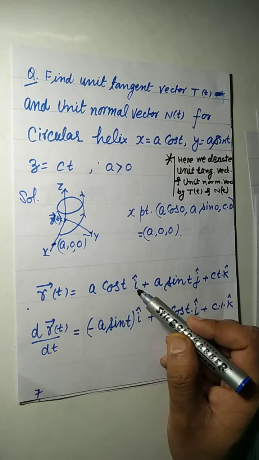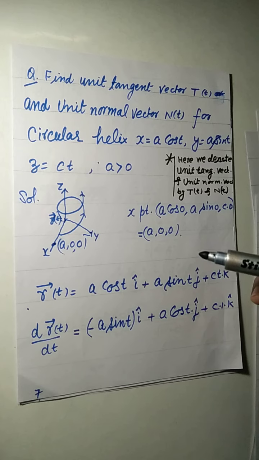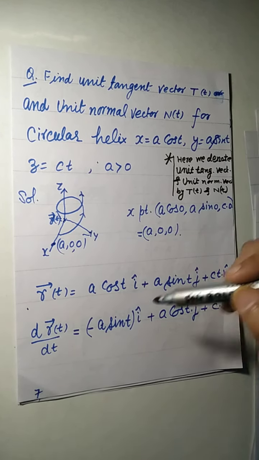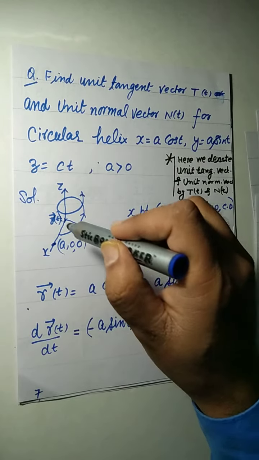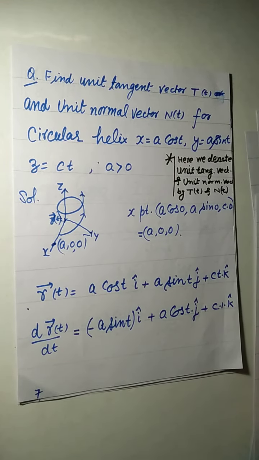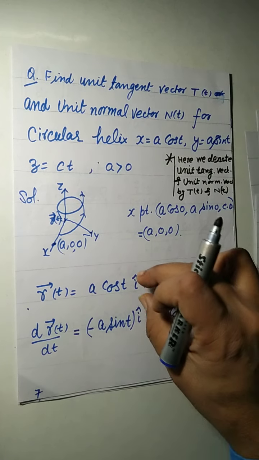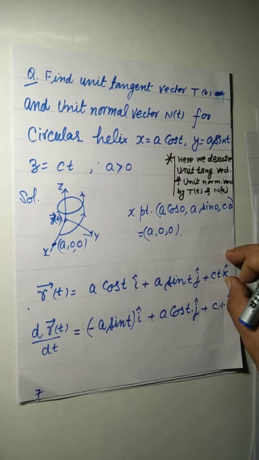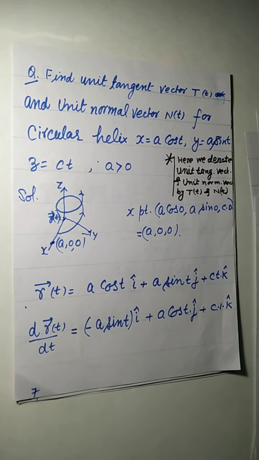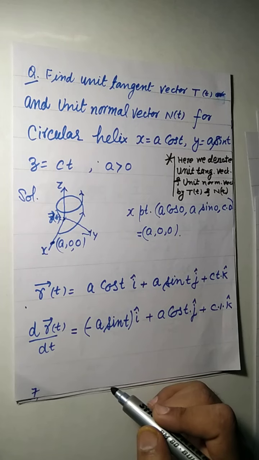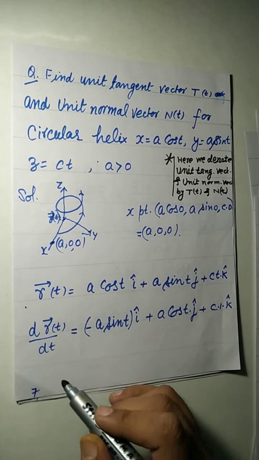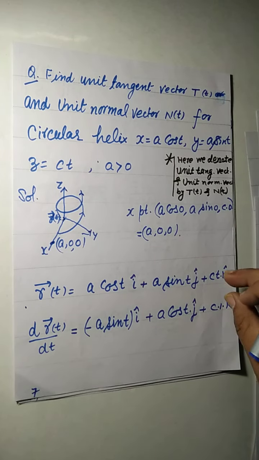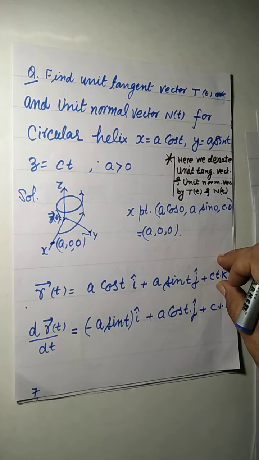Here i, j, k are unit vectors along the x, y, z directions. The norm of these unit vectors is 1. After differentiating this position vector with respect to t, we will obtain this one. t is the parameter.